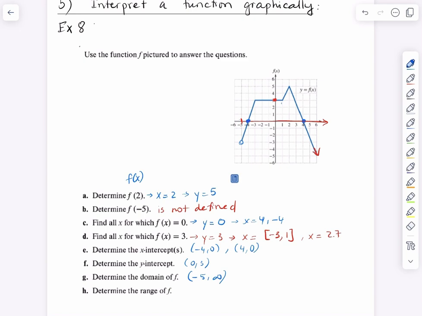So the range should go from -infinity all the way up to the highest point. That's the highest that this graph can get, which is 5. So it's going to be -infinity to 5. It looks like 5 is included because there's no open circle up here. It's a solid line. So we are going to use a bracket for the 5.